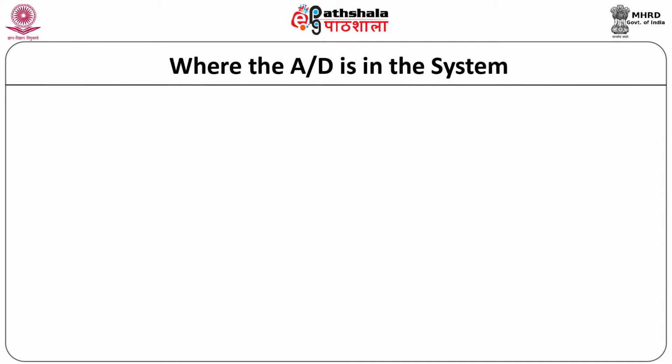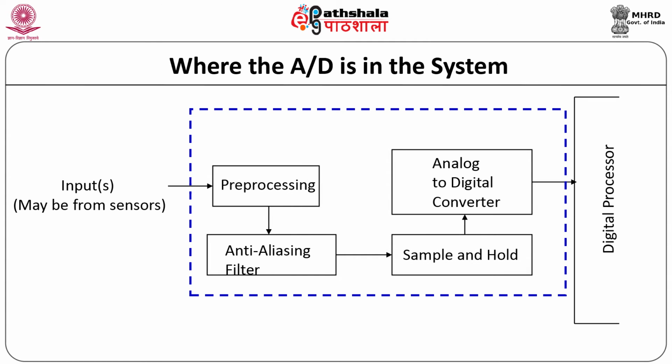In order to convert an analog signal into equivalent digital form, several aspects come into existence. For example, the analog signal may be a weak signal, or it may be a fast changing signal, and that is why the block diagram for an AD system is shown here.